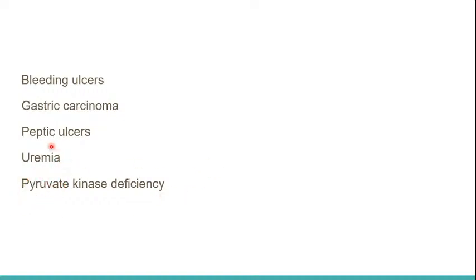When do we expect uremia? Well, basically, if the patient has a problem with his kidneys or he has a bacterial infection, this is what we call hemolytic uremic syndrome. Basically there's a lot of bacteria in the bloodstream that produce a lot of urea as metabolites, and this causes the cell to form Burr cells.